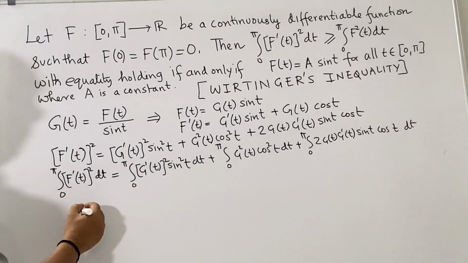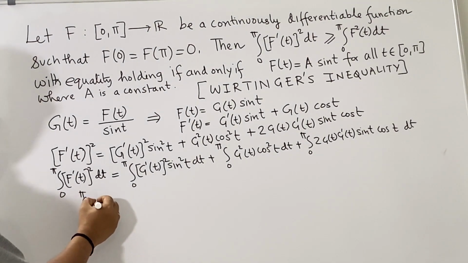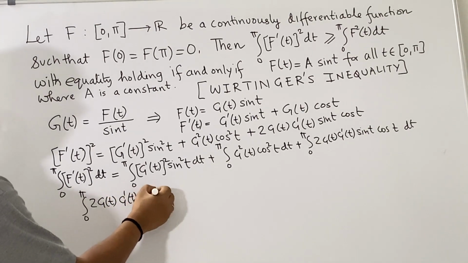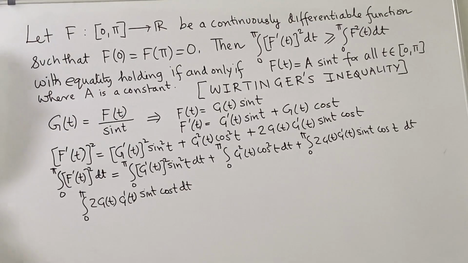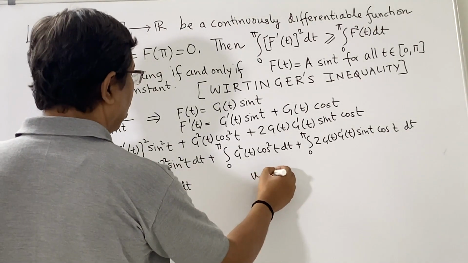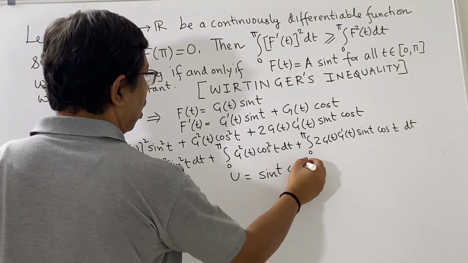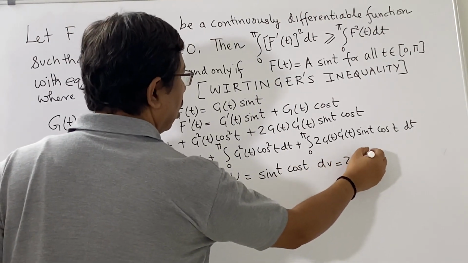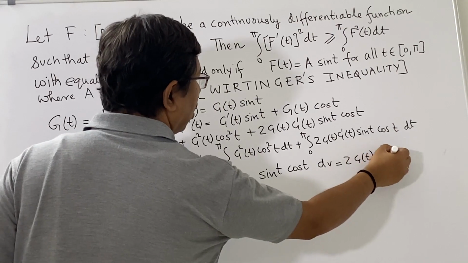Now if you look at that term, we will use integration by parts on this. So we will take the first function u to be sin t cos t and dv to be 2 g(t) into g prime t.